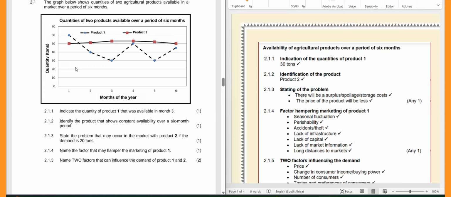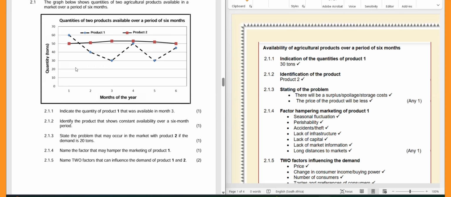And the only way that we can correct that surplus is by lowering the price of the product, so that those products can be attractive because of the cheaper price. So let's answer the question. So the problem here is that there will be a surplus. That is the problem.